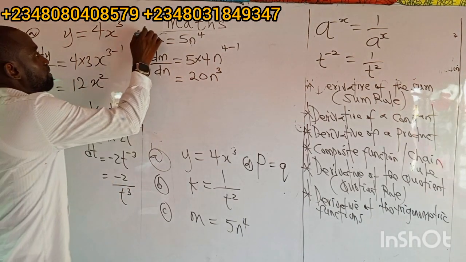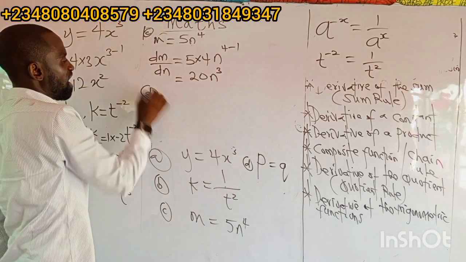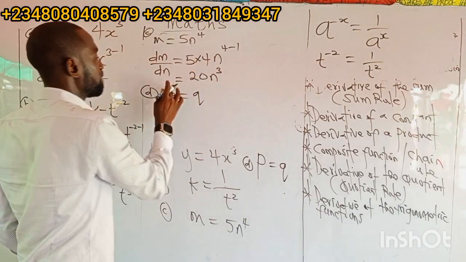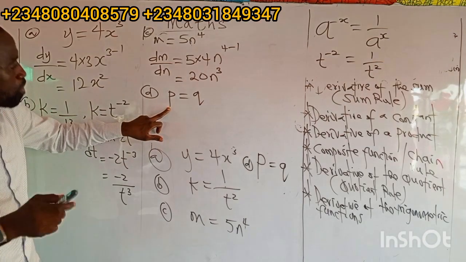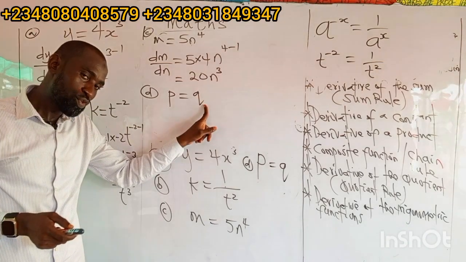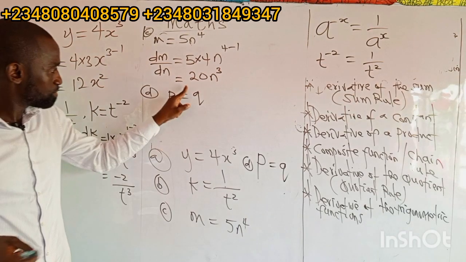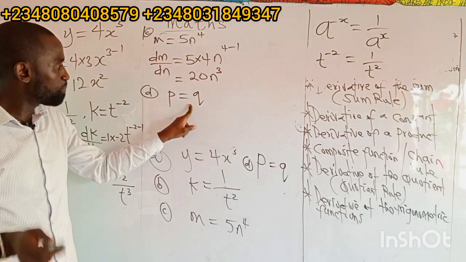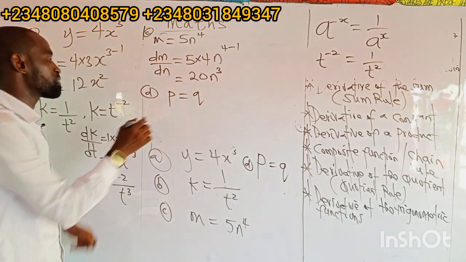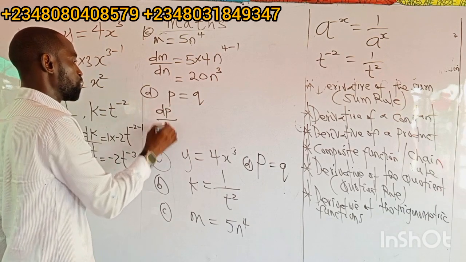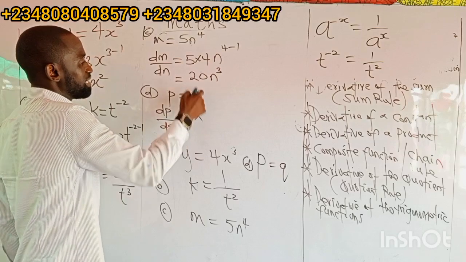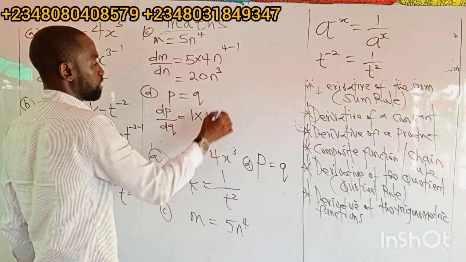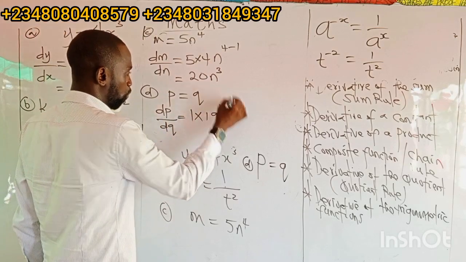The next one, which is D, we have P equals Q. In this case, P is a function of Q. What is the coefficient? 1. What is the power? 1. So dP/dQ will be equal to the coefficient 1 times the power 1, then Q raised to power 1 minus 1. Are you with me?